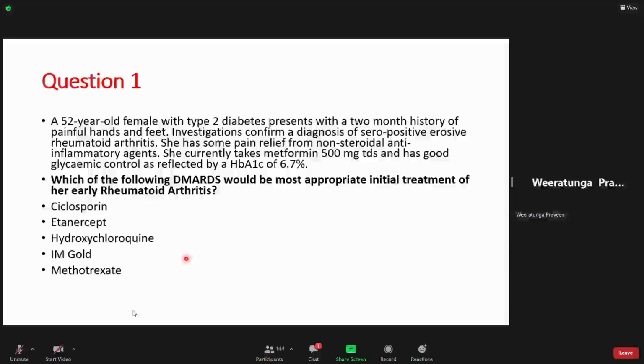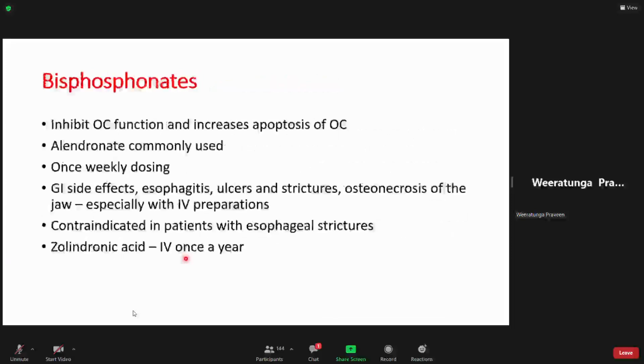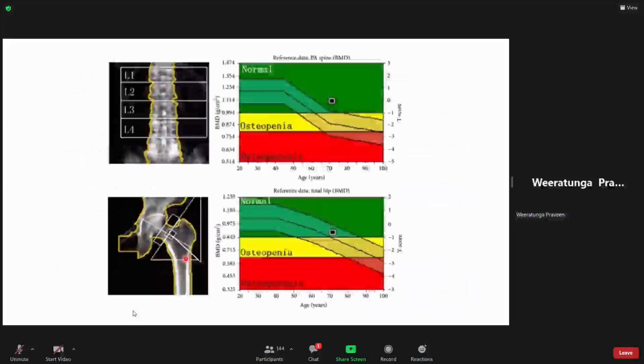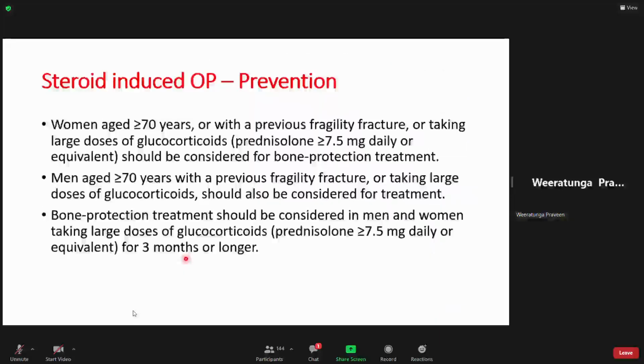Okay, right. So osteoporosis is a very complicated area, mostly postgraduate.